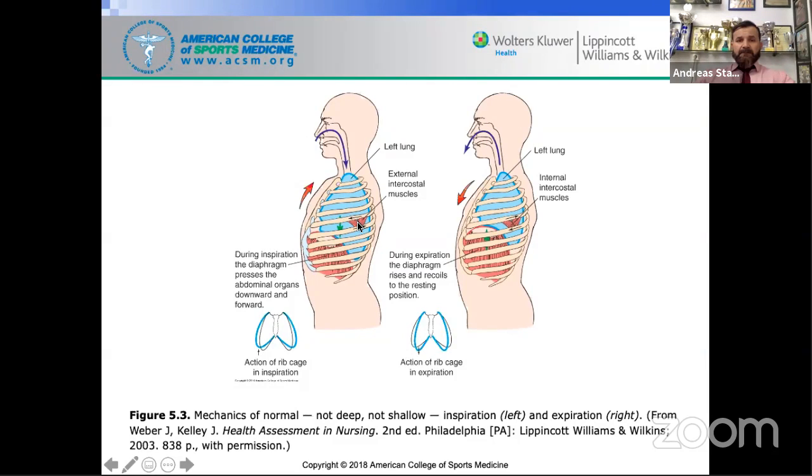You see the external intercostal muscles, right? And then when it's neutralized, air will stop coming in, and then this will recoil, and the diaphragm will go up and push the air out. That's pretty much what I want you to remember for now.